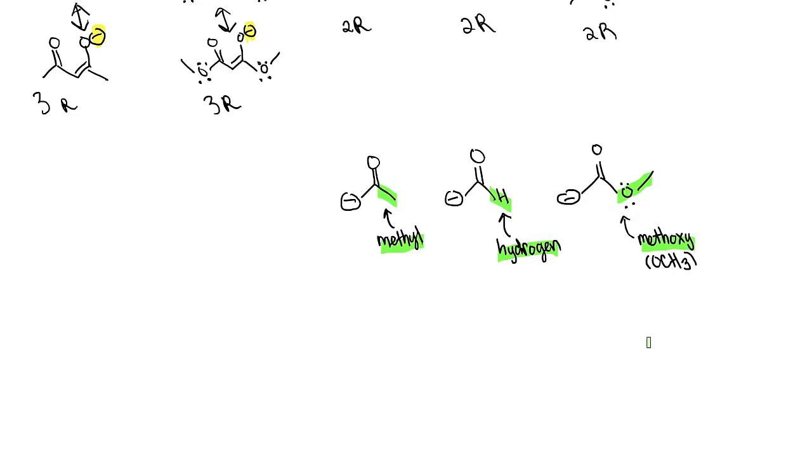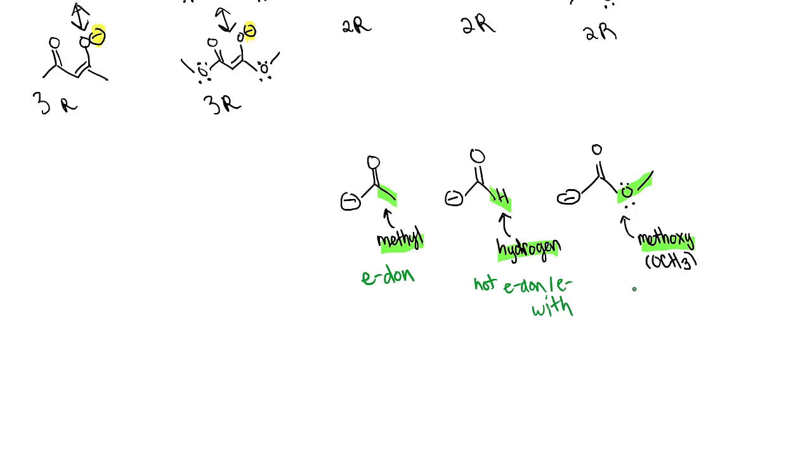So I want to look at the inductive effects of what I've highlighted, whether they're electron donating or electron withdrawing, and see what that does to stabilize or destabilize this negative charge here. So methyls are electron donating, so they would destabilize our negative charge. Hydrogens are not electron donating or electron withdrawing, so they won't really stabilize or destabilize our negative charge.